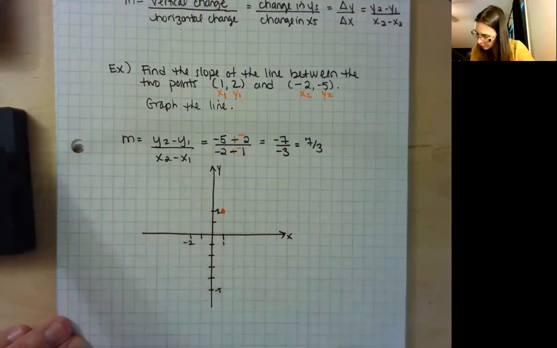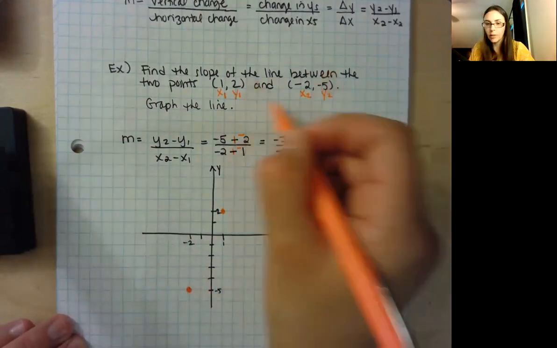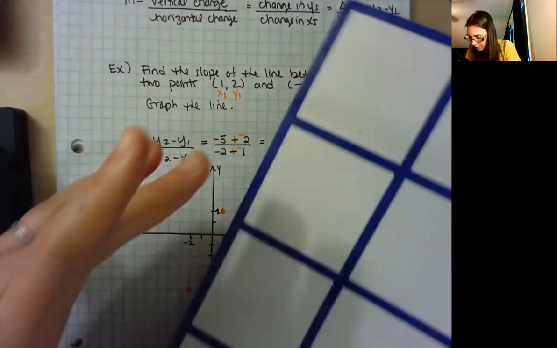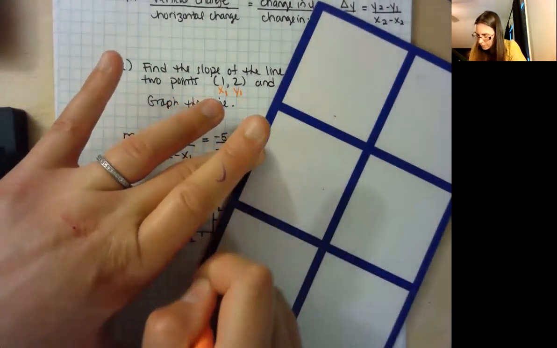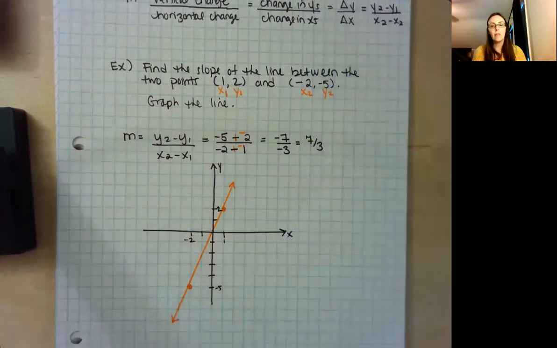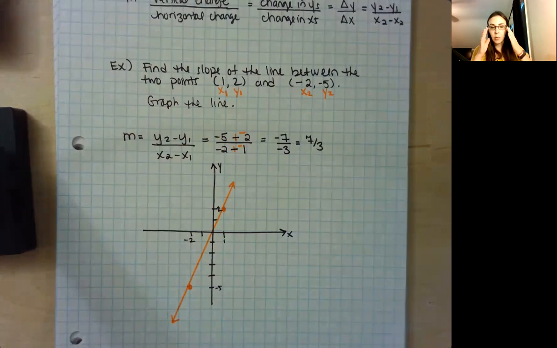So I'm looking at this point right here. Notice that I'm graphing my original points so you can see what it looks like. So there's my graph. This time I didn't have to find the points on my own. They gave me the points, which is kind of nice, saves me some work.